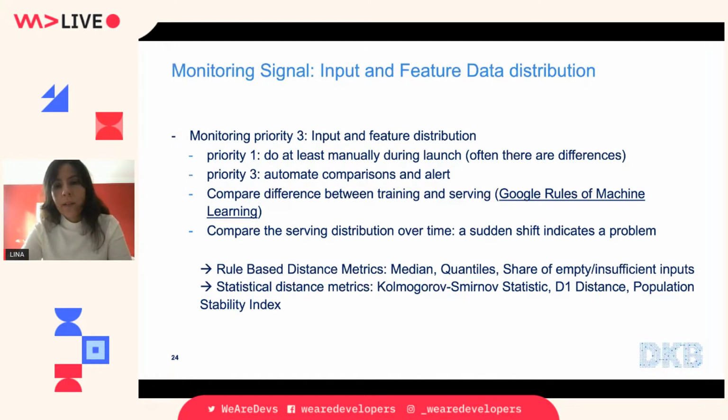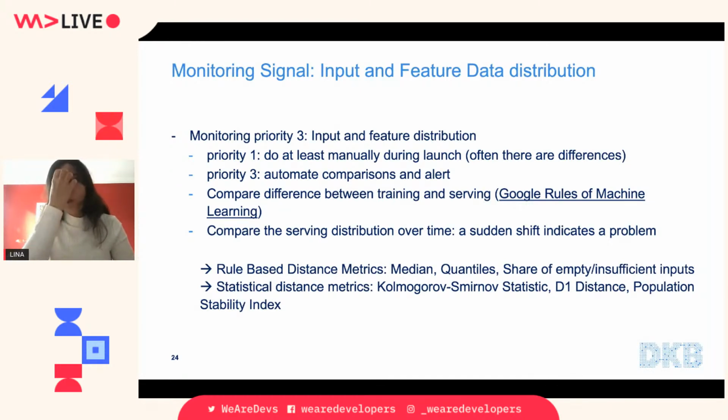This has a priority 1 because there are often differences. When you train, you have a certain data pipeline, and that differs from the online pipeline. Often that's different data sources and also different code that processes and creates these features. So there are differences, and you should log them and manually compare them one-on-one or the distribution.